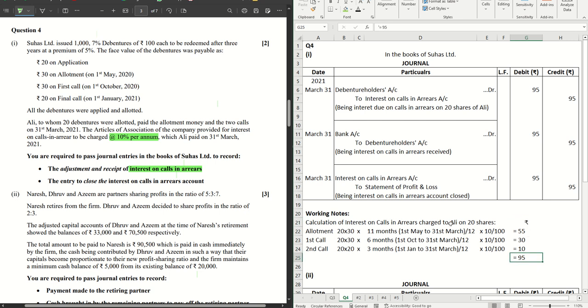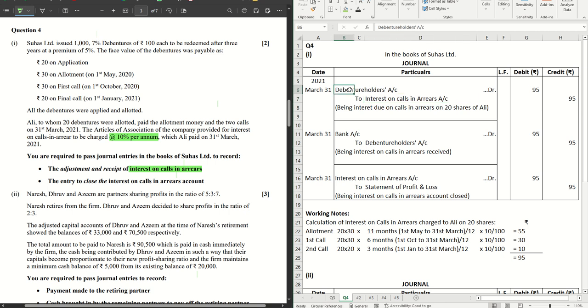Now let's have a look at the journals. Debenture holders account debit to interest on calls in arrears 95. Now remember again, interest on calls in arrears is an income to the company, and income is always credited. As per the golden rules, income is written on the credit side as a nominal account.